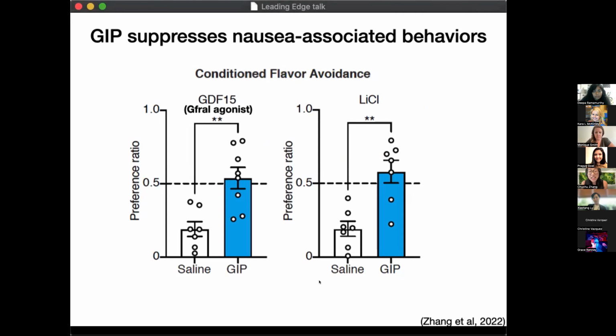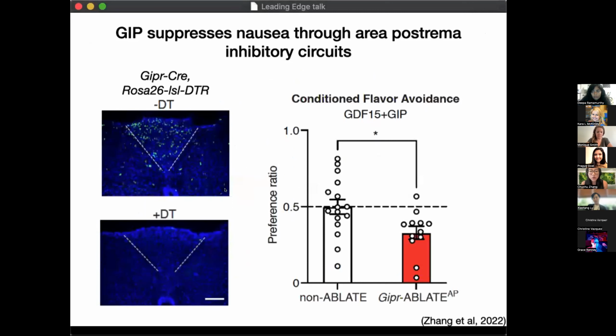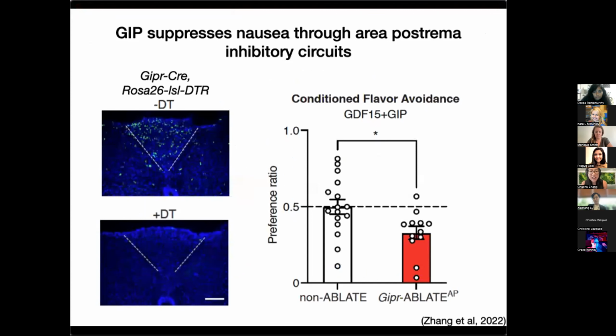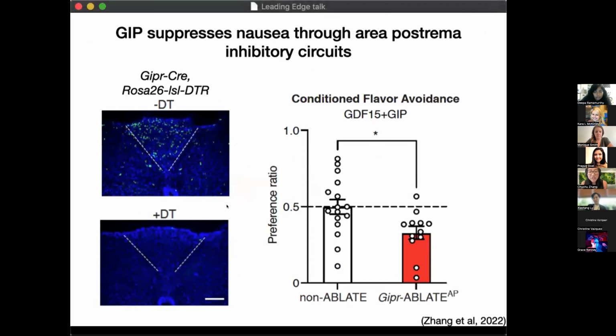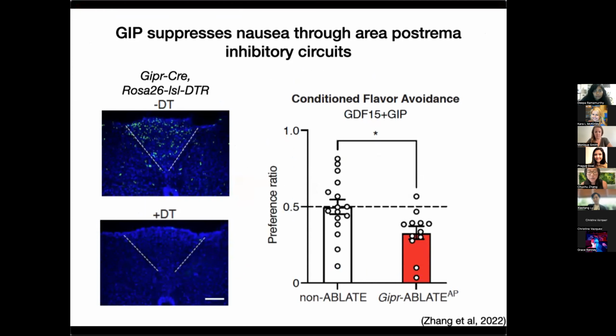To determine the site of action, we ablated the area postrema GIPR neurons with genetic ablation approaches. The DT ablation was highly specific, and after we ablated the area postrema GIPR neurons, this protective effect is largely lost. So GIP suppressed nausea-associated behaviors through the area postrema inhibitory neurons.